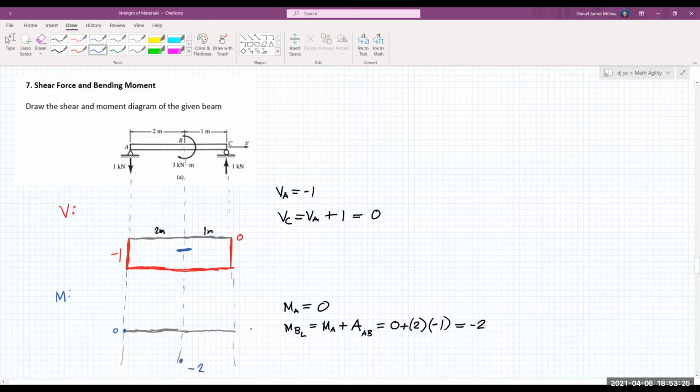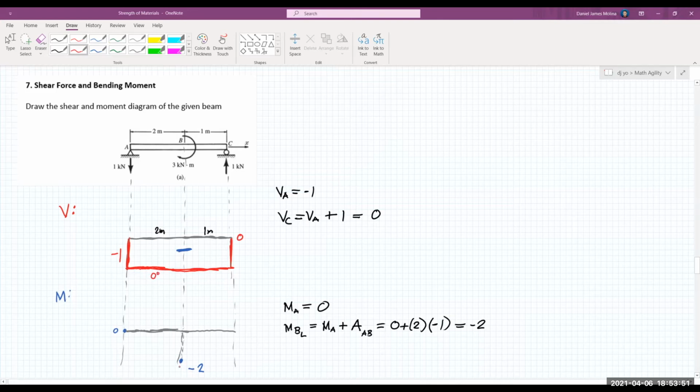To connect the 2 points on the moment diagram, we must consider the shape of the shear diagram. Along AB, the shape of the shear diagram is horizontal. So this is actually a 0 degree curve since it's horizontal.